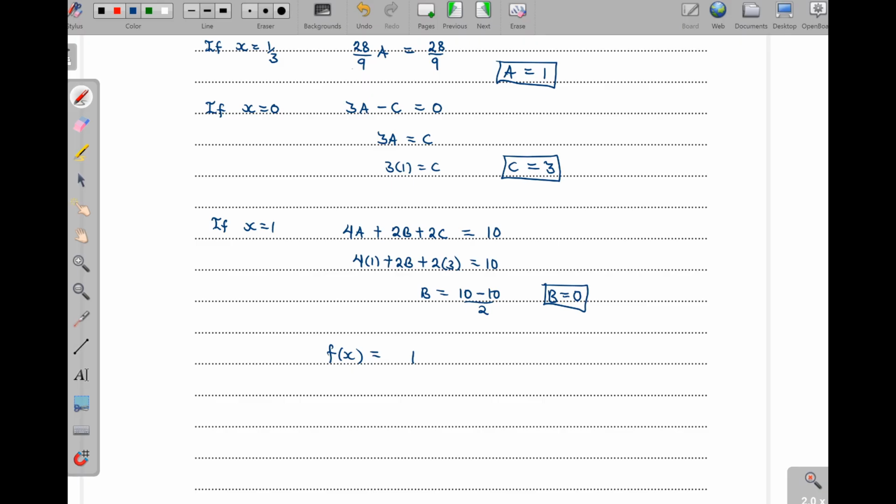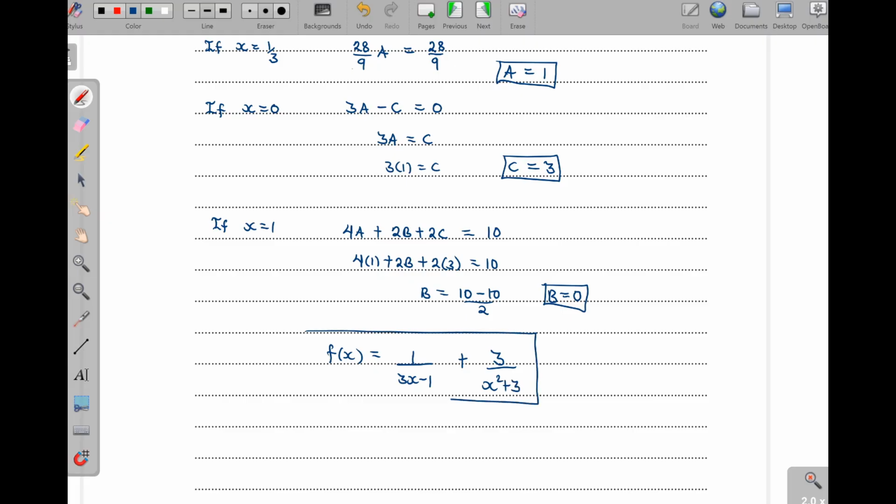So we shall have 1 out of 3x minus 1. Then plus bx. But that one, b is 0. So we were supposed to have something here of x, then plus now the c. But since that one is 0, the x disappears. Then we shall have a 3, then out of x squared plus 3.